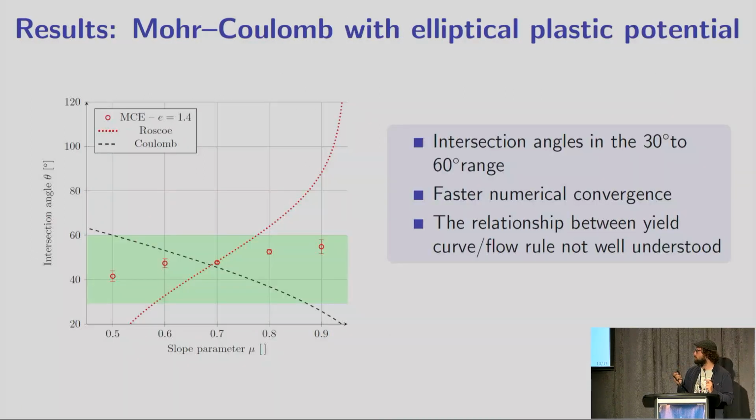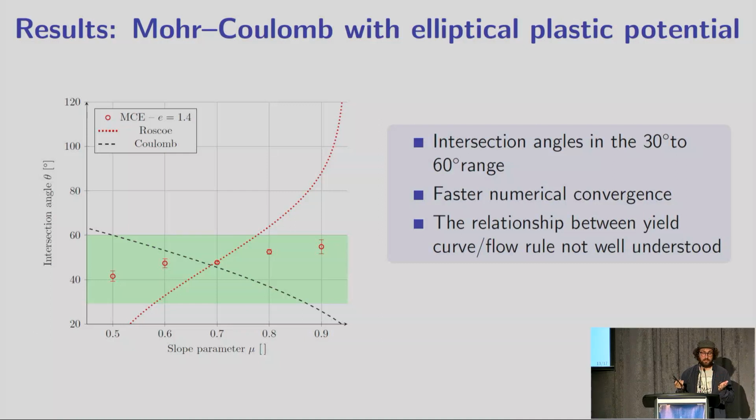So, what we observe is that we can get small intersection angles in the range that are interesting to us. We still don't understand the clear relationship between the intersection angle and the parameters of the yield curve. You can see in black we have the Coulomb theory, and in blue we have the Roscoe theory.